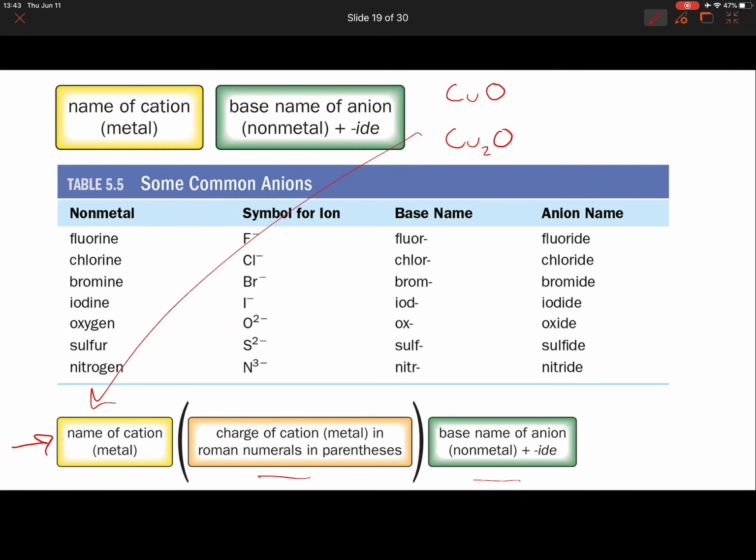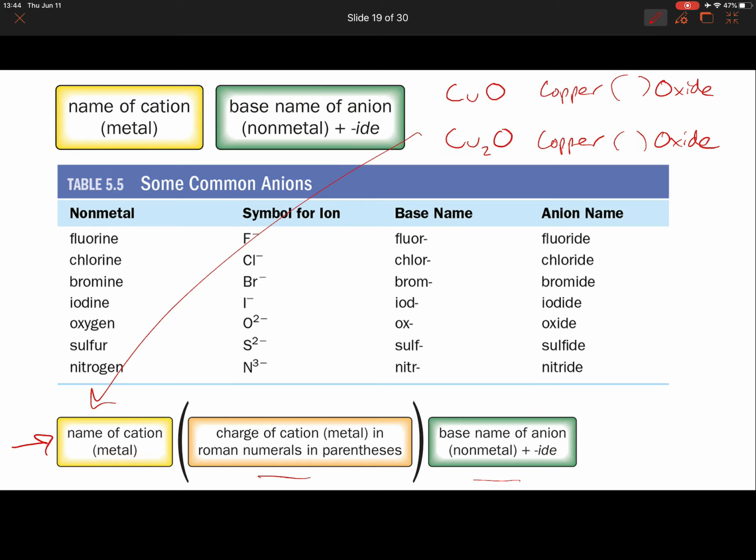At the moment, both of these are copper, and both have an oxygen, so they're both copper oxide. But that can't be the whole story, because how could they both be called copper oxide and have different formulas? So we need to figure out the charge so that we can call the proper one copper 1 oxide and the other one copper 2 oxide.